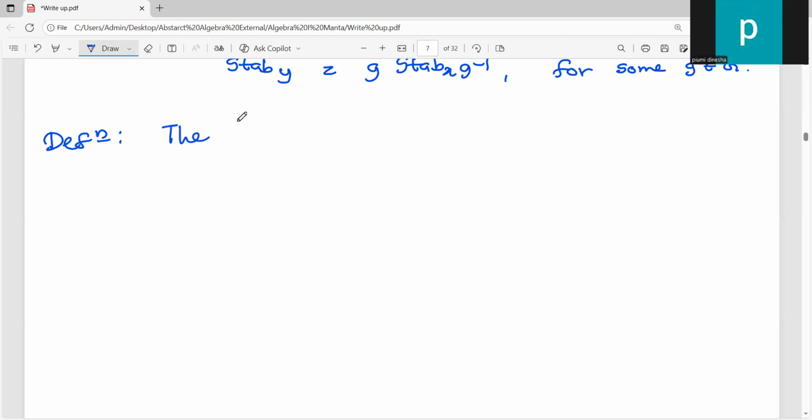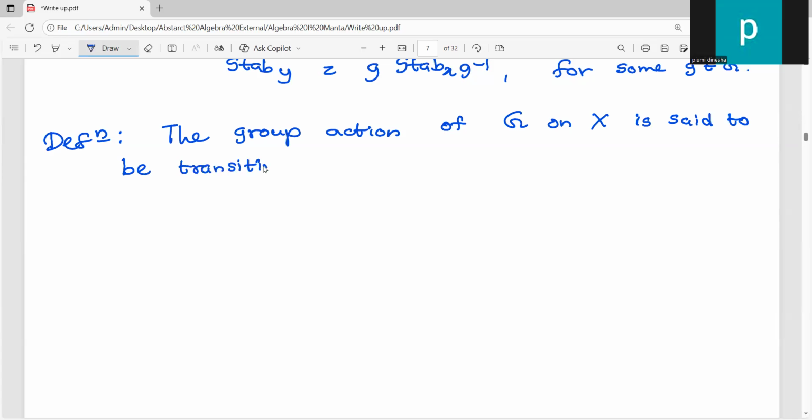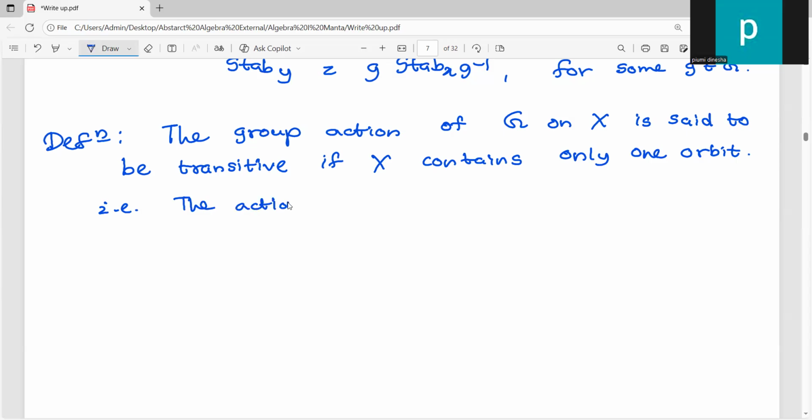So let me write: the group action is said to be transitive if X contains only one orbit. Because it's a definition, this is an if and only if statement.